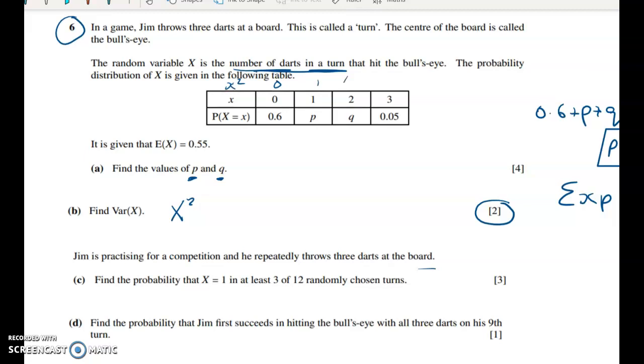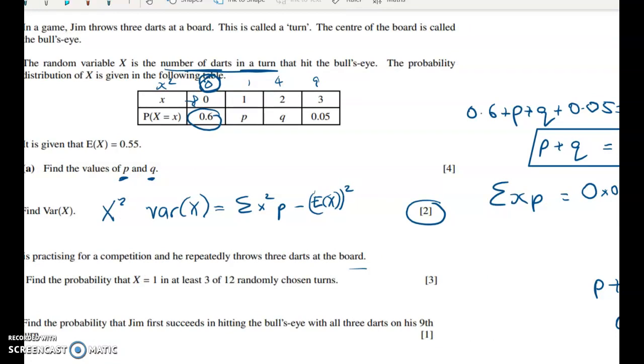So we've got 0, 1, 4, and 9. The variance of x is given by this. Instead of weighting the x values like we did for the E of x, we're going to weight the x squared values. So it's going to be the sum of the x squareds times each probability minus the mean value squared.